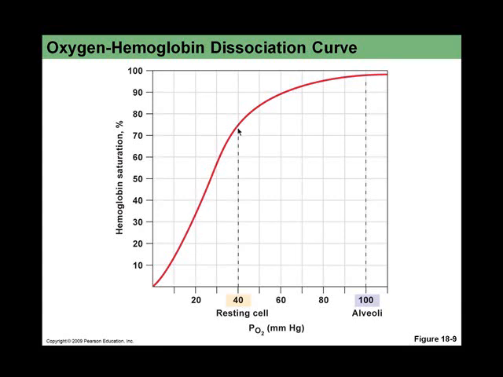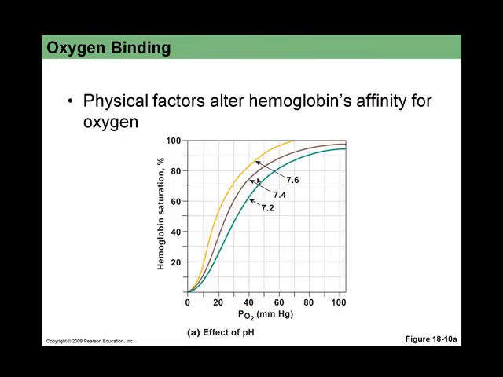But to jump from resting, this is, let me put it this way, how the curve looks across the capillary bed of the pulmonary circuit, or across the pulmonary circuit. Remember, it comes in at 40 and leaves at 100, right?